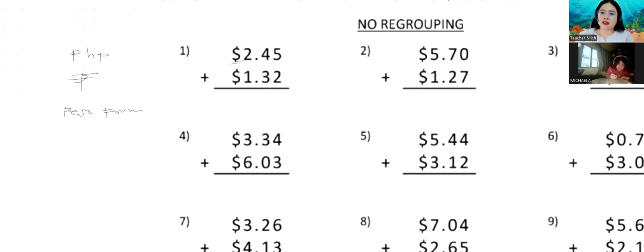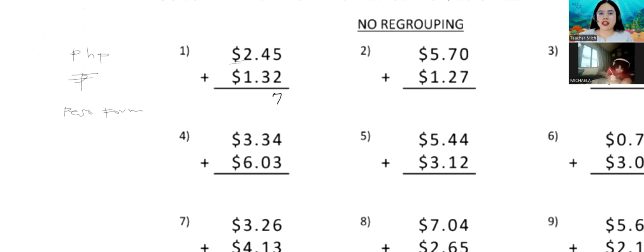This is decimal addition without regrouping, and later on we're going to discuss decimals with regrouping. So how do we add this one? We have here 2 plus 5, that is equal to 7. Very good. Then the next one, 3 plus 4, that is equal to 7.